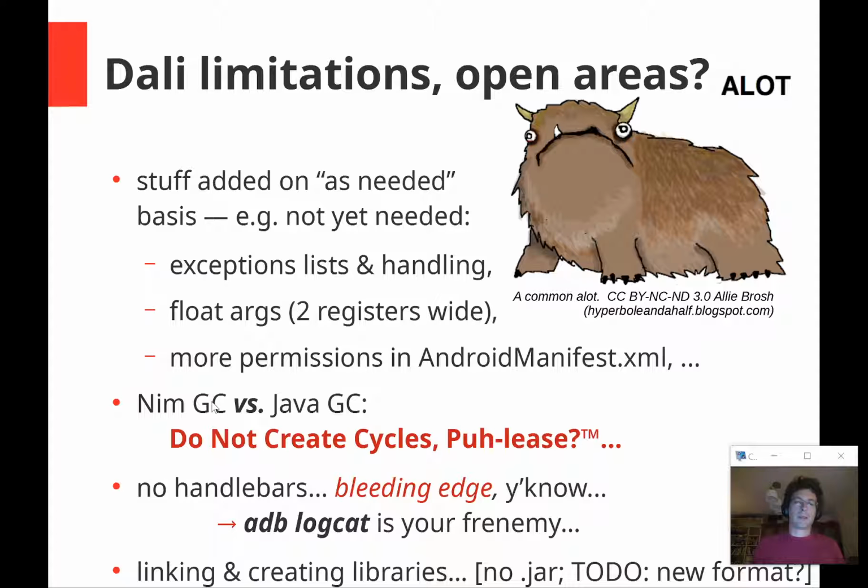Other than that, there is this challenging area of the battle between garbage collectors. So Nim has its garbage collector and Java has one, and they don't know about each other. So we talked with Yuri, and we don't know of a way to make sure you are safe against cycles here and against leaks.